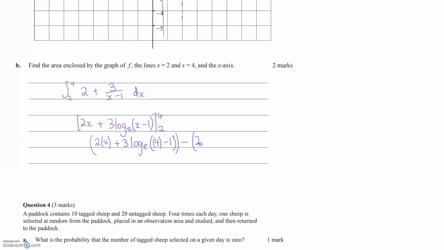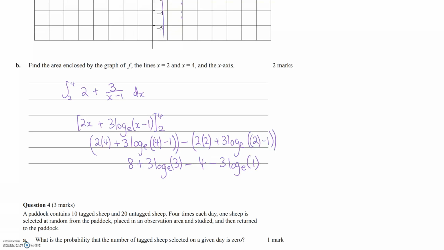So I'll get 2 times 2 plus 3 log e of 2 take 1. And so I'll get 8 plus 3 log e of 3 take 4 take 3 log e of 1.